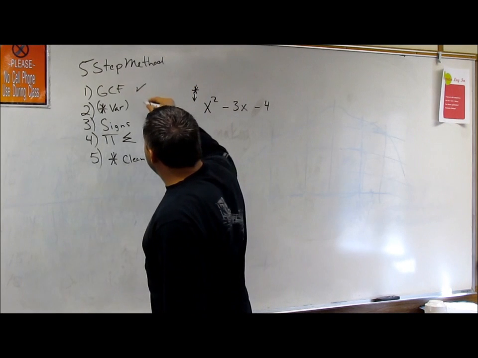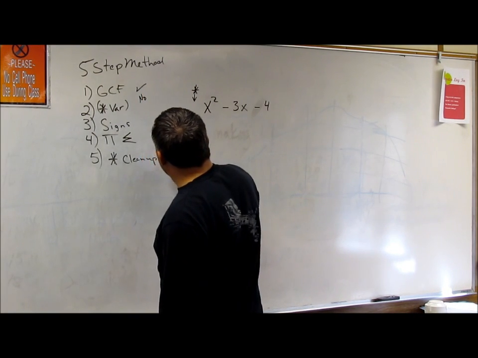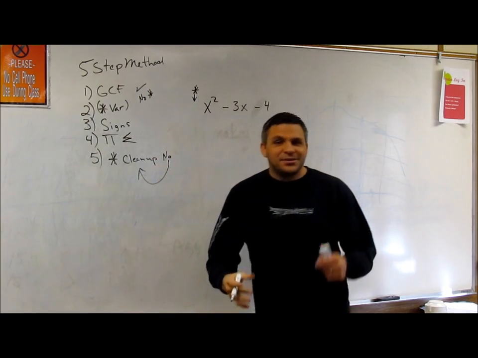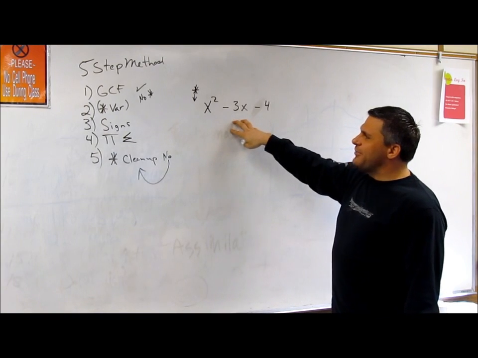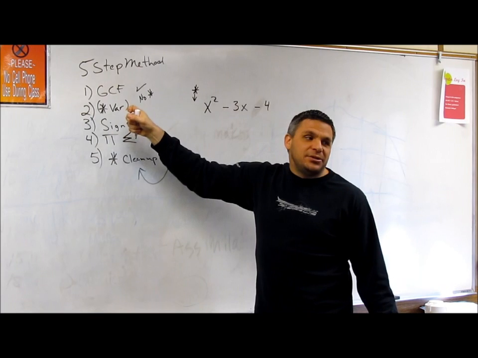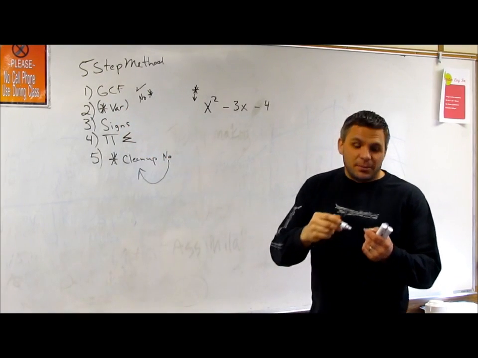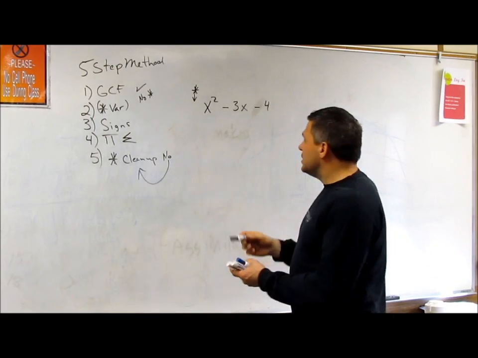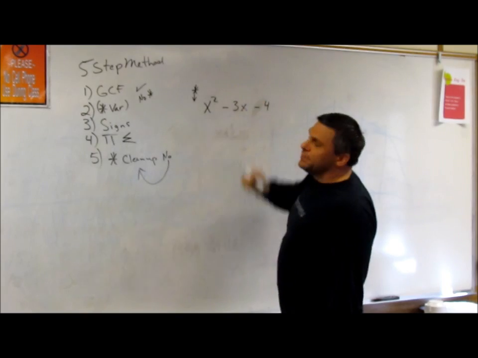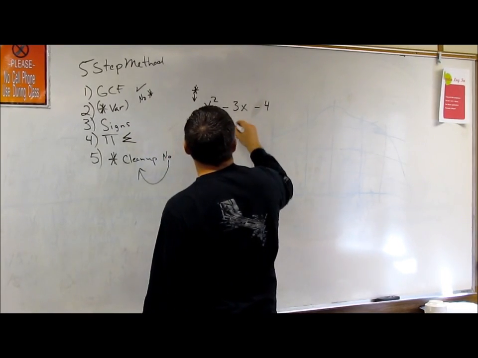So when there's no star, there's no star cleanup. So this problem right off the bat is telling me it's 3 steps. I'm going to do the variable in parentheses, I'm going to do signs, and I'm going to do the product and sum. So my first real step in this problem is actually the second step, which is my parentheses.